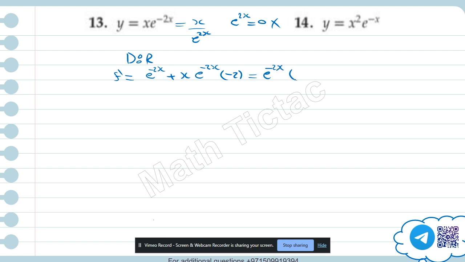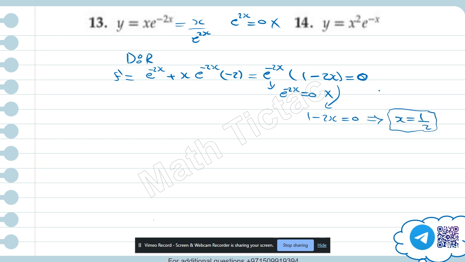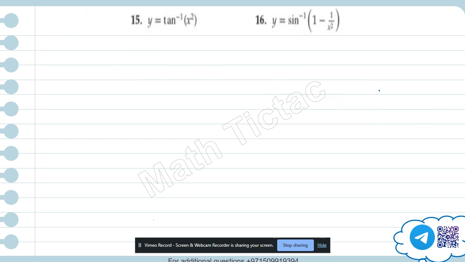So now simplify this. Let's take e to the power minus 2x as a greatest common factor. Then multiplied by, in here we have inside 1 minus 2x, equal to 0, making the derivative equal to 0.